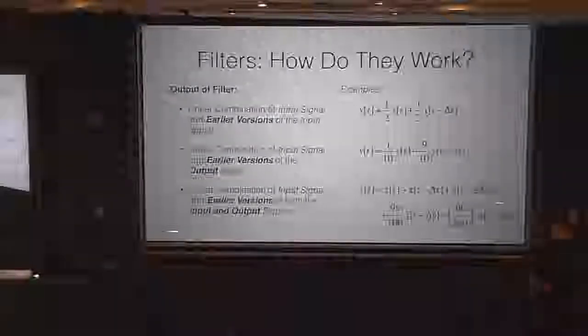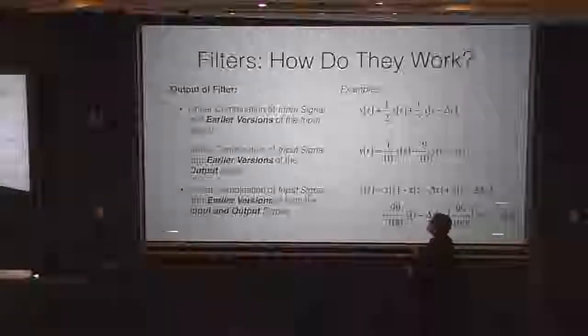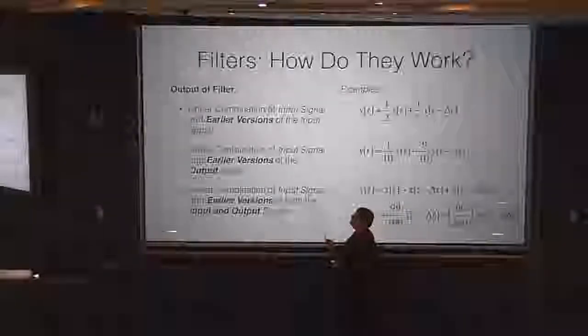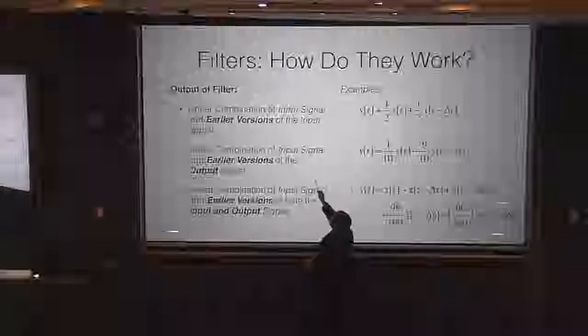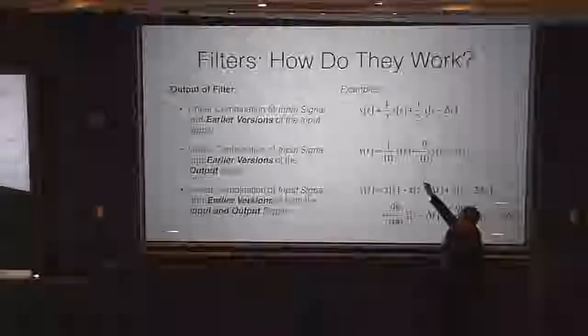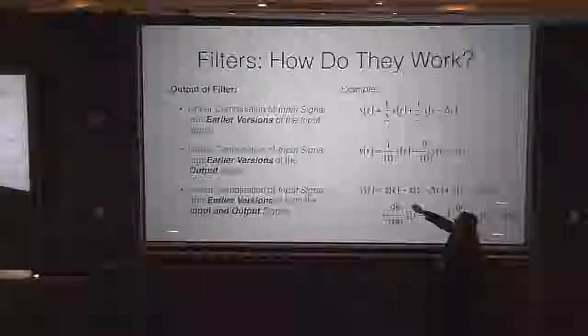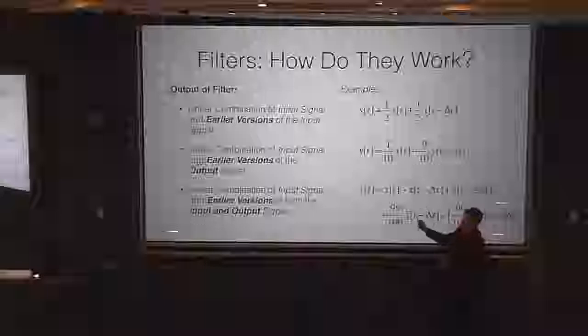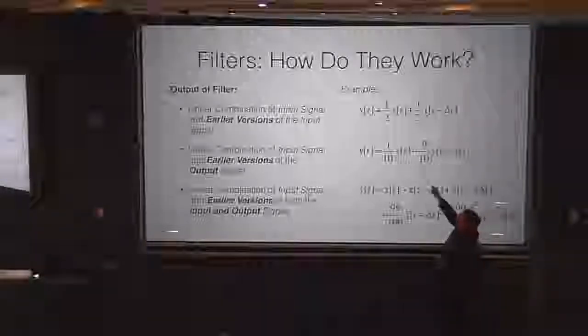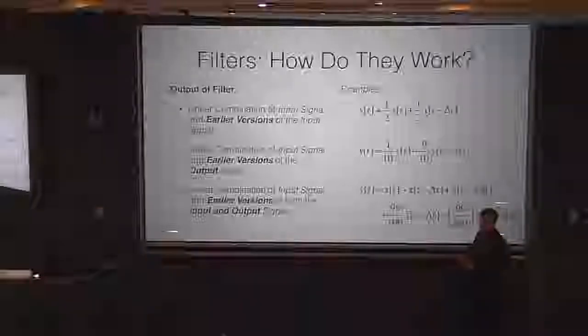Okay, so how do the filters work? These are all linear filters or linear time invariant filters. They take linear combinations of an input signal. For instance, x of t here represents your input. And linear combinations of the input and earlier versions of the input. So here we have the signal x of t, and here we have the same signal but delayed.